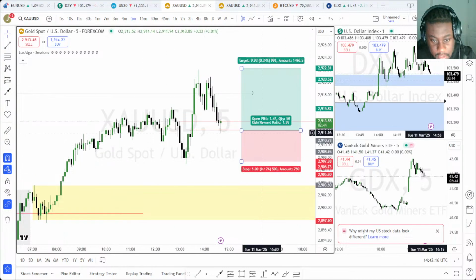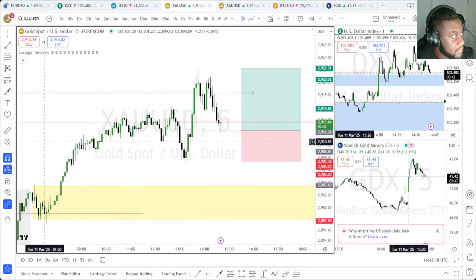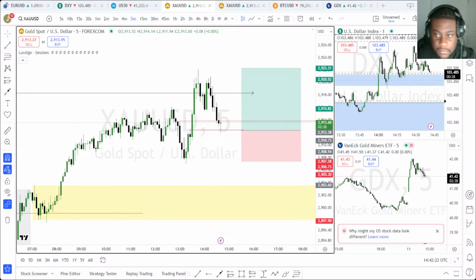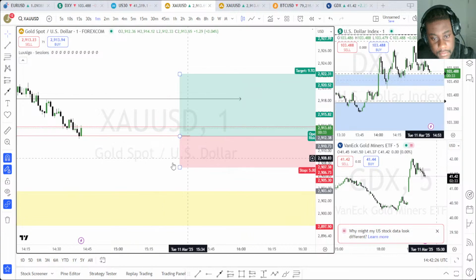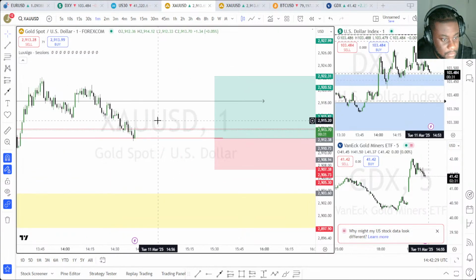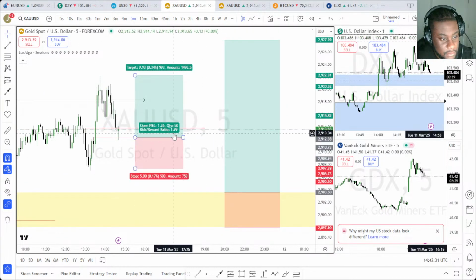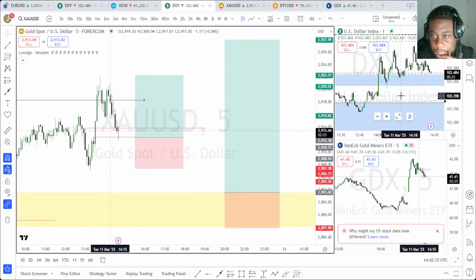We're getting a good reaction right now. It's not a bad reaction. Currently in this, just waiting for a little bit more of a move.